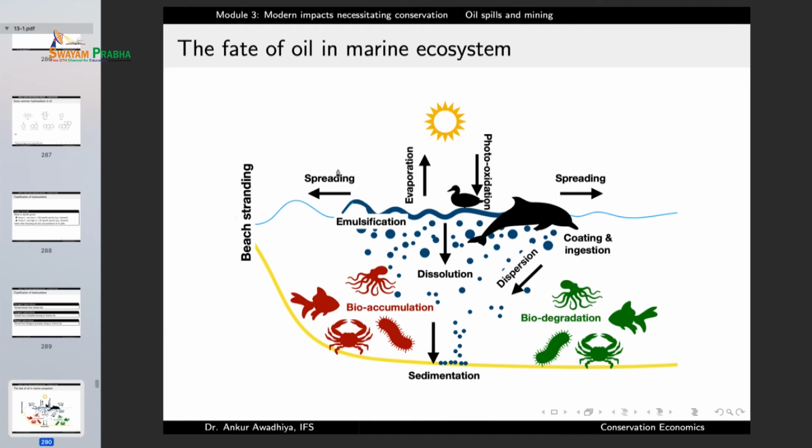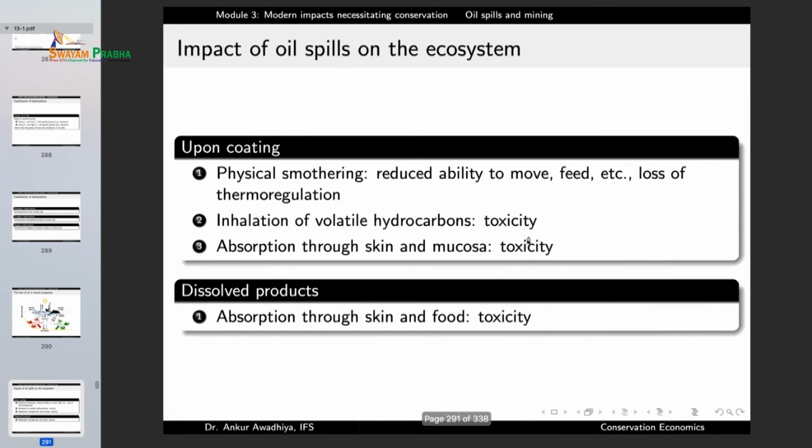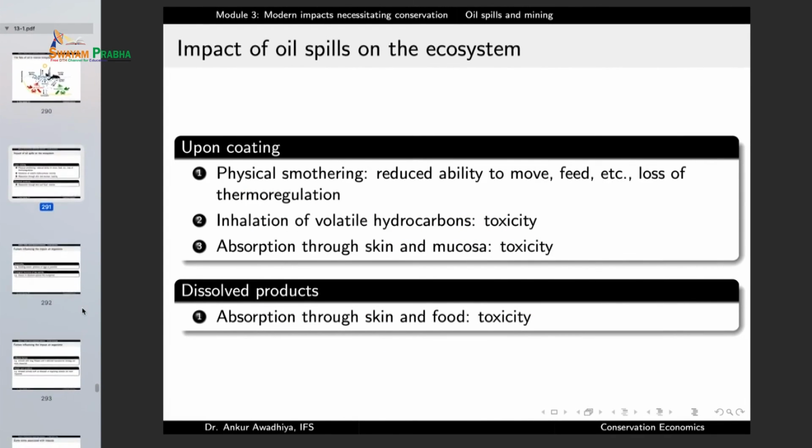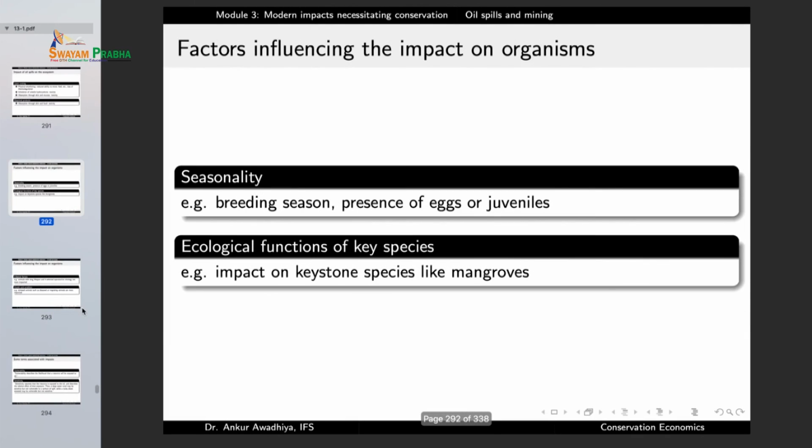And when that happens, quite a large number of organisms get exposed to them. The oil spreads on the surface, it gets evaporated, it gets degraded because of photooxidation, and in the biological domain, there can be bioaccumulation or biodegradation. And in this case, we looked at the impacts upon coating, the impacts of dissolved things, factors influencing the impact.